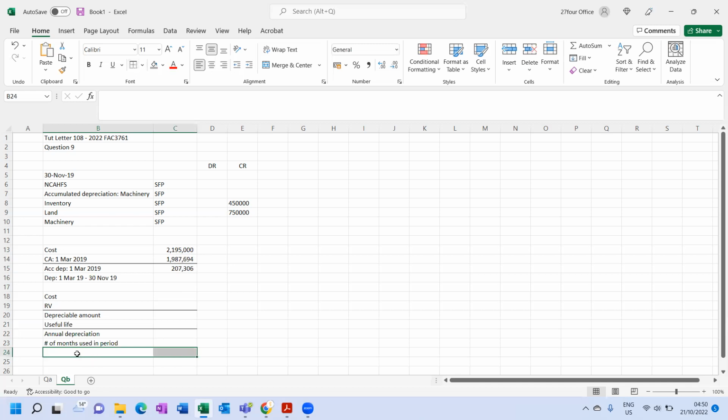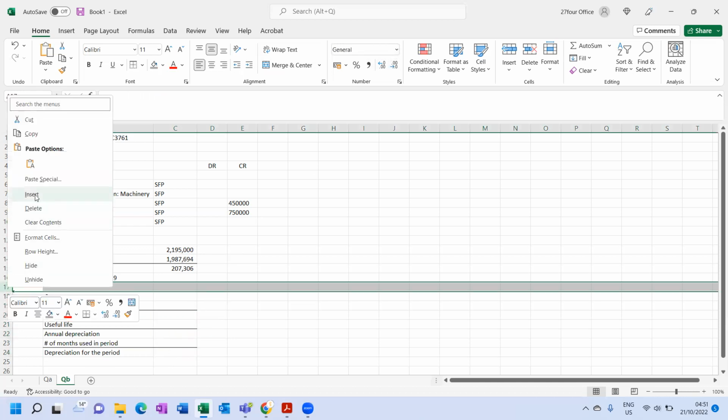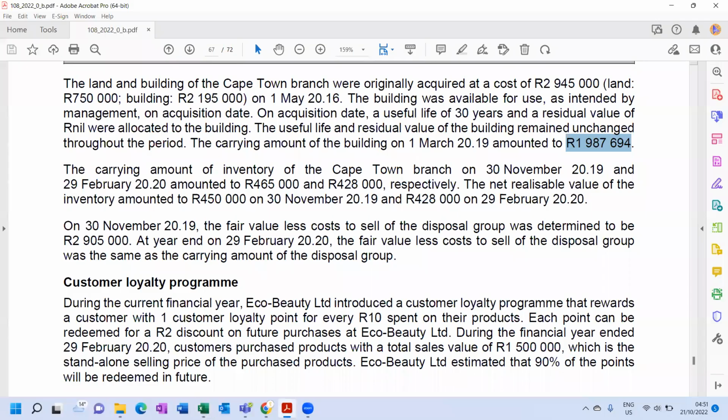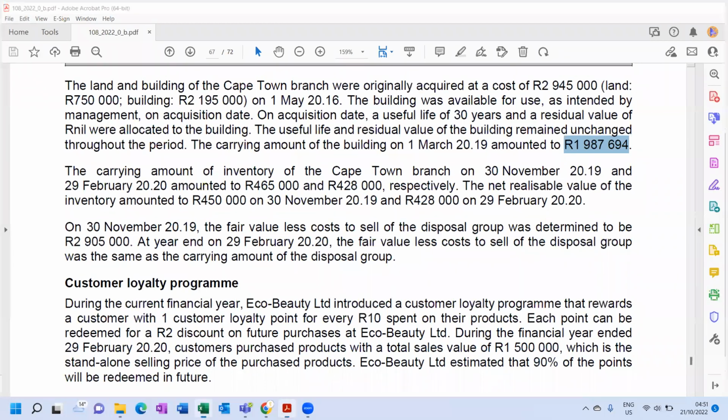What is the period? 1 March to 30th November. The cost is 2195,123. Residual value? Nothing, and 30 years.